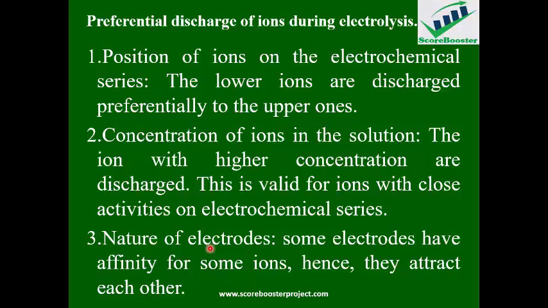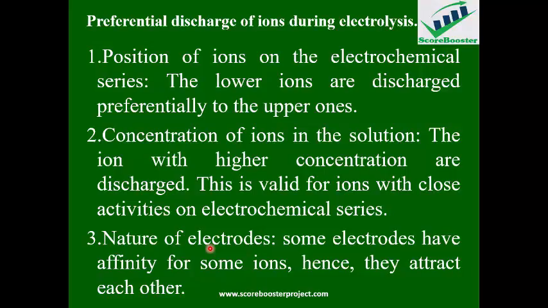The first thing that will guide us is the position of ions on the electrochemical series. There is a series that contains the list of positive ions and negative ions, the common ones, the ones whose salts are soluble, whose salts conduct electricity.